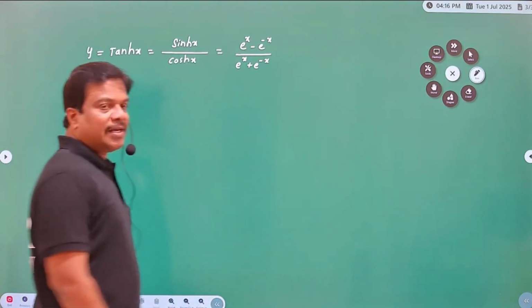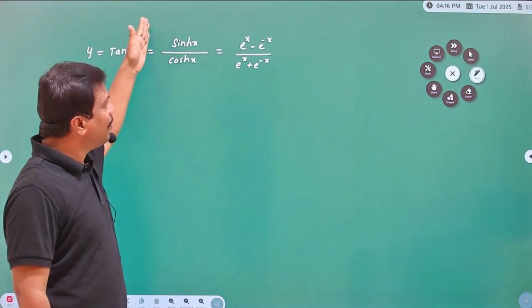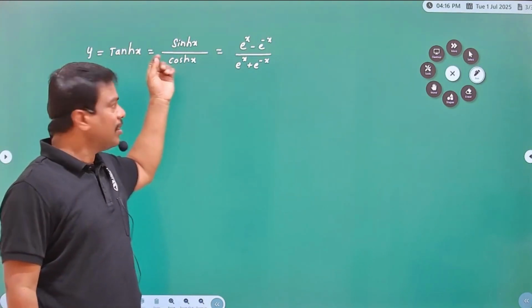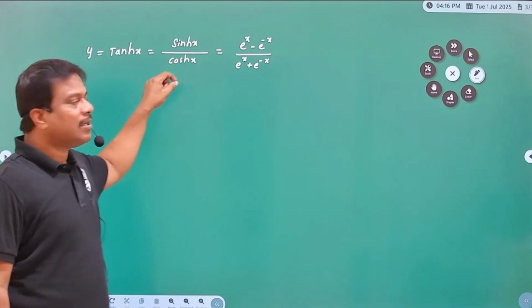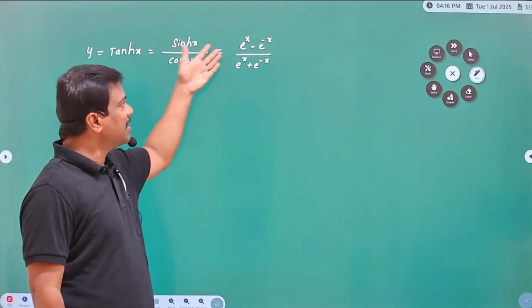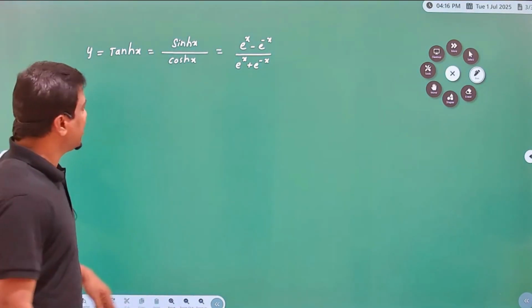In the denominator, sin hx is a fraction, e power x minus e power minus x by 2. Cos hx also has the number 2 in the denominator. Those denominators get cancelled, and you will get e power x minus e power minus x by e power x plus e power minus x.